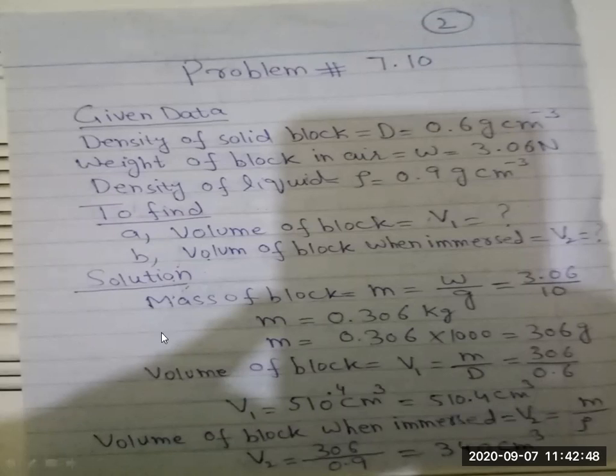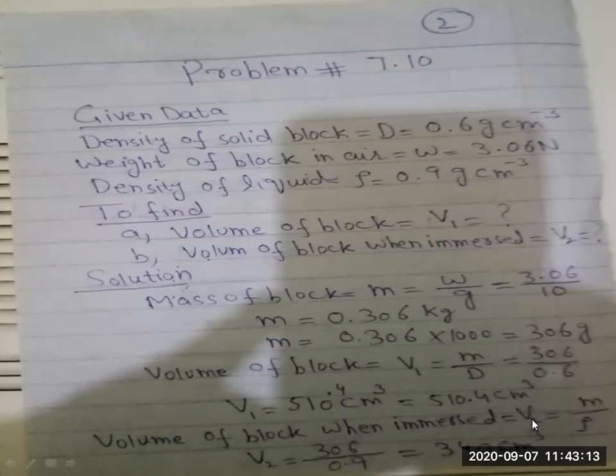Then we need to find the volume of the block when immersed, which I represent with V2. Again, I will use the same formula. V2 is equal to M over rho, but this time you will not take the density of the object, you will take the density of the liquid, because we are going to dip the object into the liquid.